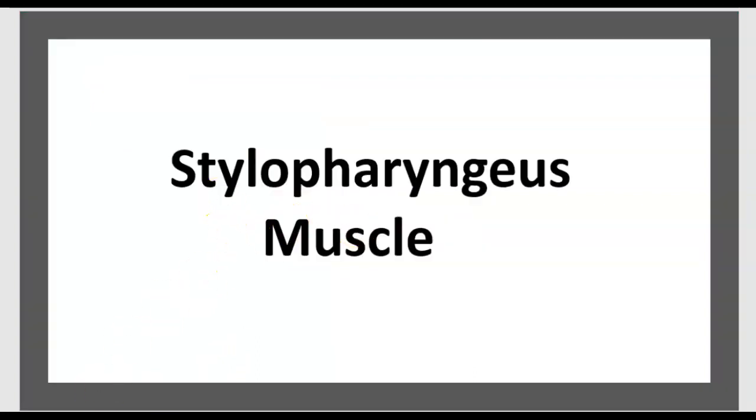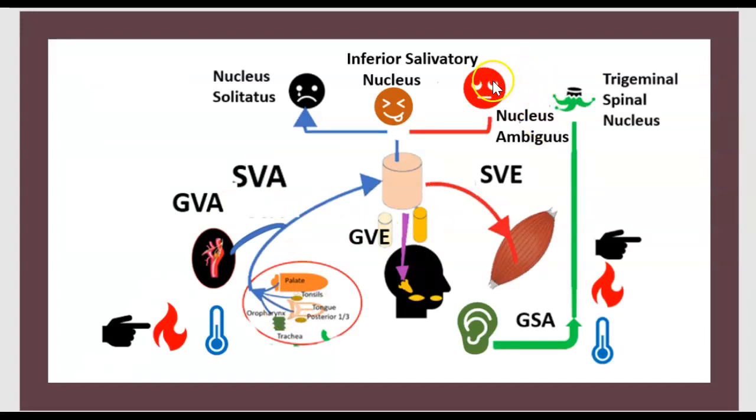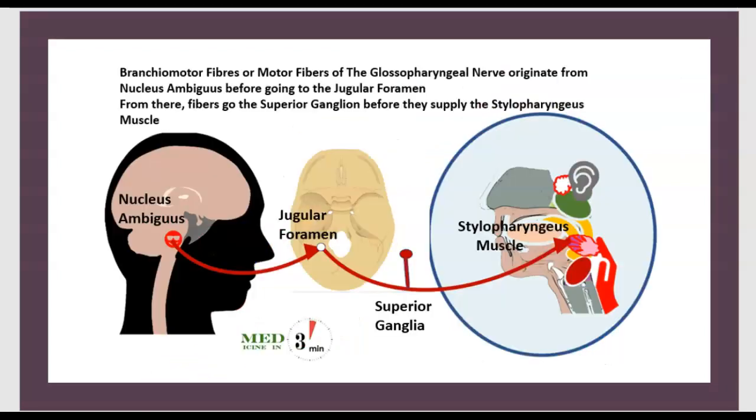Stylopharyngeus muscle. Two efferents: coming from the inferior salivatory nucleus to give GVE to the parotid gland, and the efferent fiber coming from the nucleus ambiguus to the stylopharyngeus muscle. Branchiomotor fiber or motor fiber of the glossopharyngeal nerve originates from the nucleus ambiguus before going to the jugular foramen.